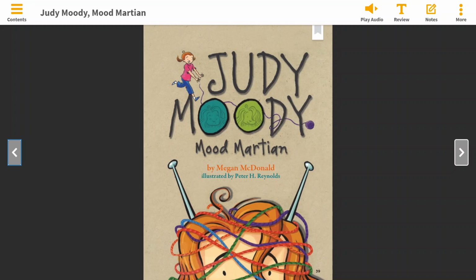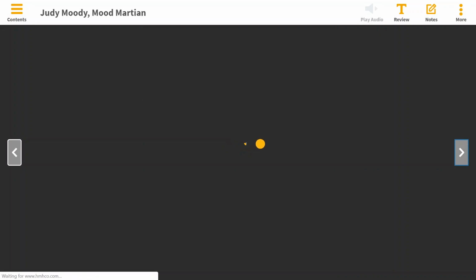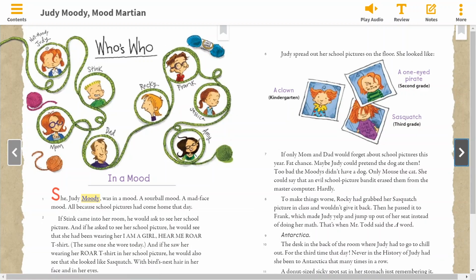Judy Moody, Martian by McDonald. Illustrated by Peter Reynolds. Who's who? Not Moody Judy.